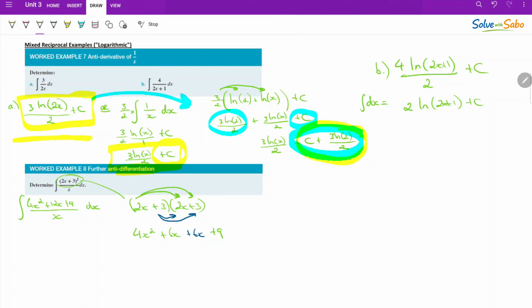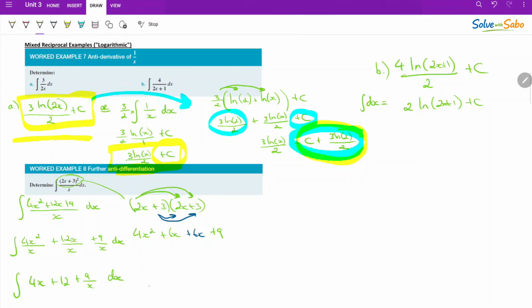Now that's still looking like sort of a quotient rule type question. However, before I even anti-derive these, I can strip each of these pieces apart into separate terms and divide each of these by x. So what that means is I'm actually going to be integrating 4x plus 12 plus 9 over x dx.